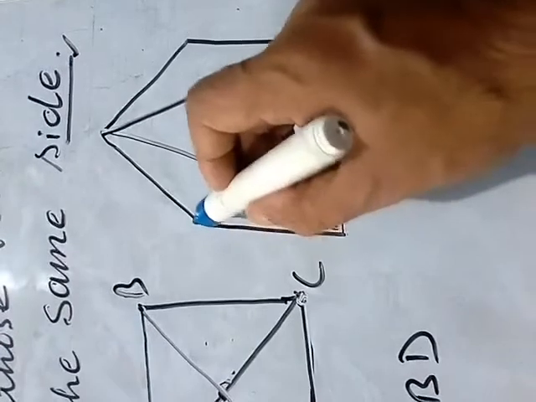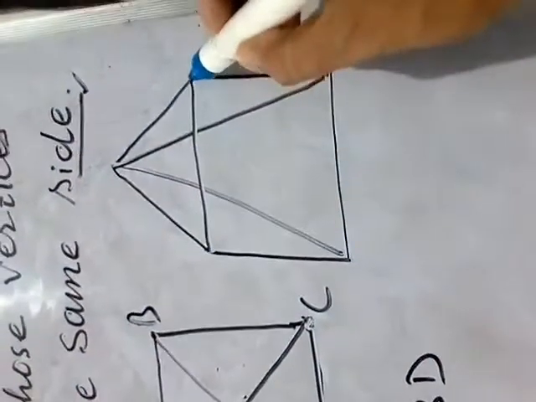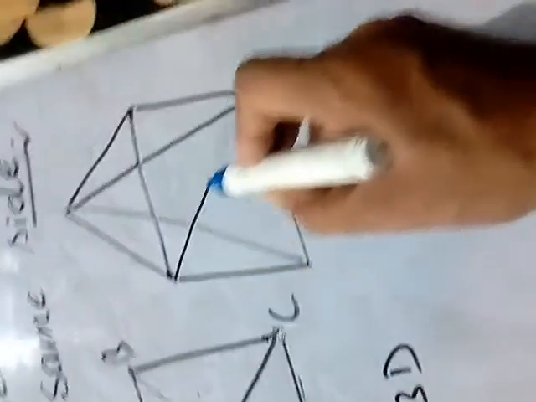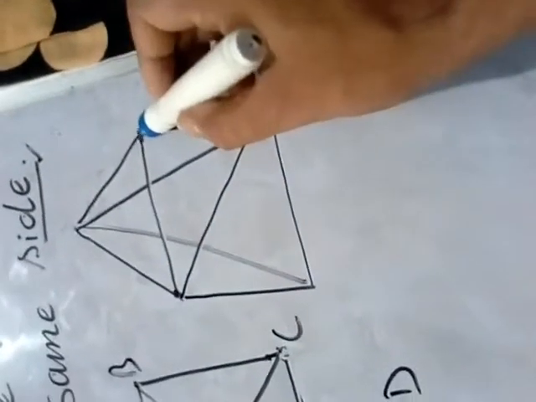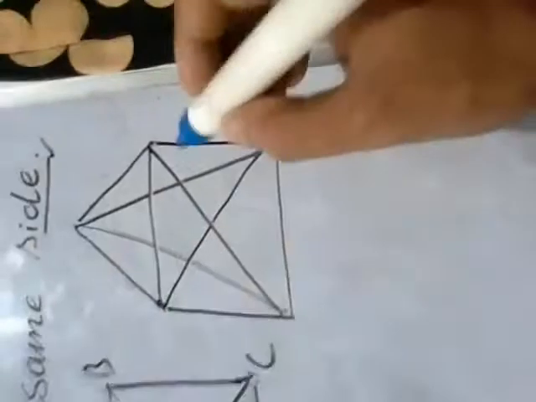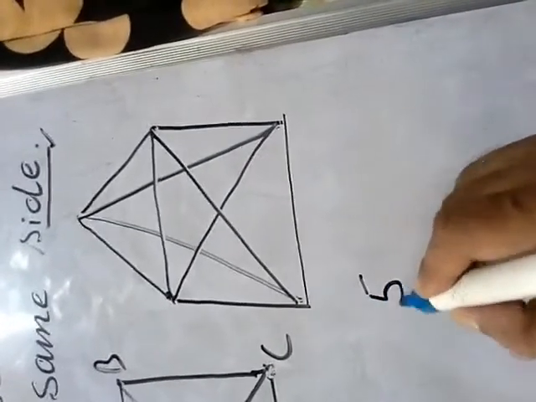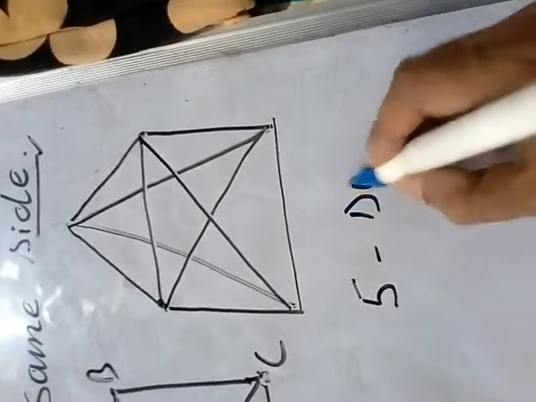This vertex to this vertex, 3. This vertex to this vertex, 4, and this vertex to this vertex. Total 5 diagonals. In a pentagon we can construct 5 diagonals.